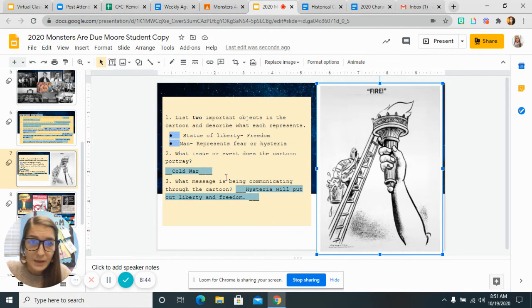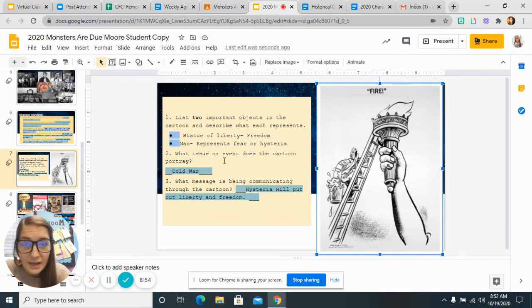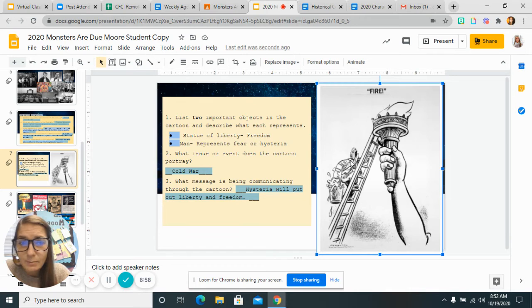We talked about the man because he has the word hysteria written on his leg. So he represents fear or hysteria. The issue or event that the cartoon is portraying is the Cold War. So he represents mass panic and hysteria. The majority of Americans felt this way after World War II, during the Cold War.